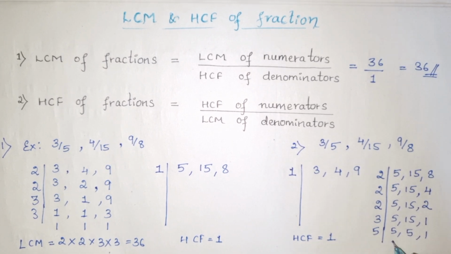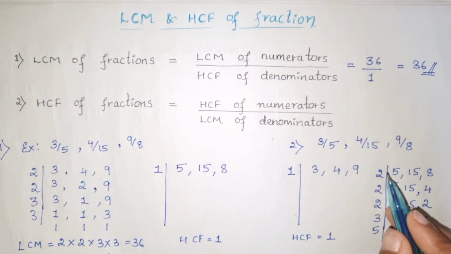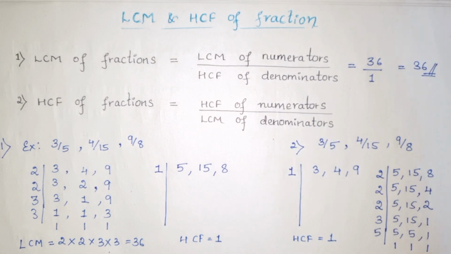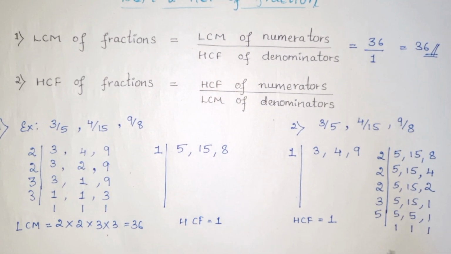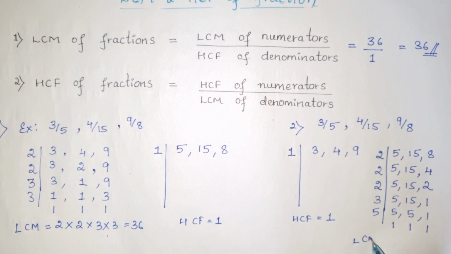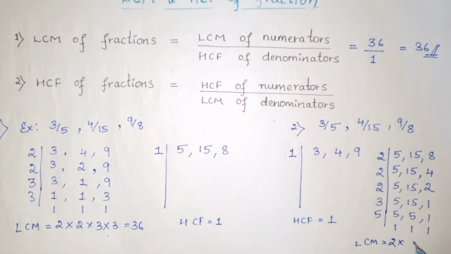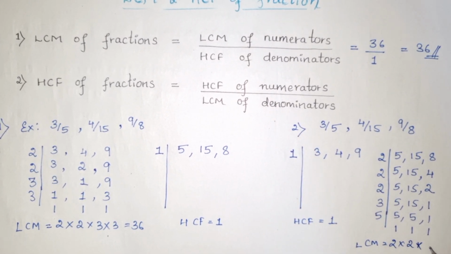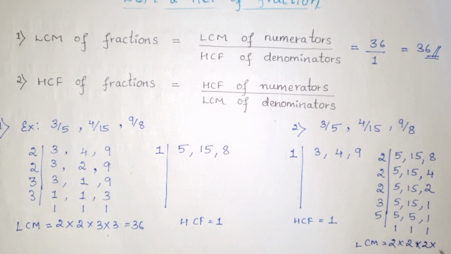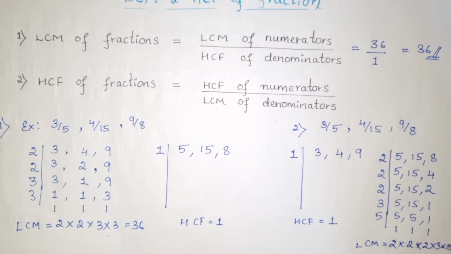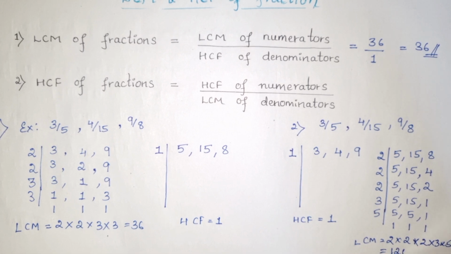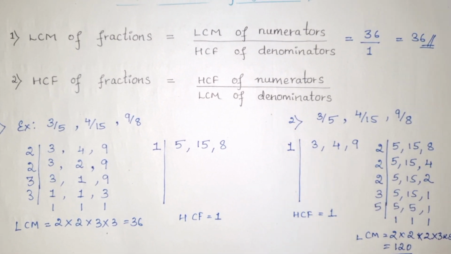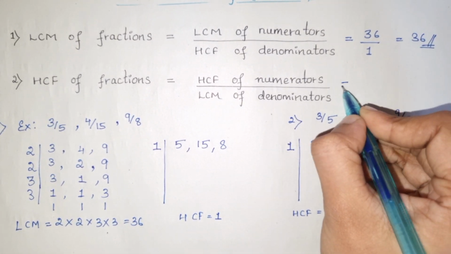Finally we'll take 5, 1, 1, 1. So this is our LCM. So our LCM will be 2 into 2 into 2 into 3 into 5. So the answer will be 120.